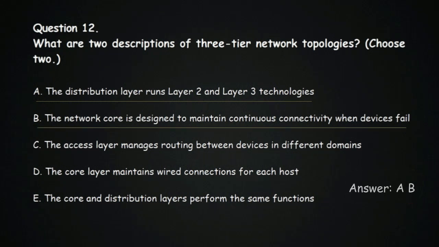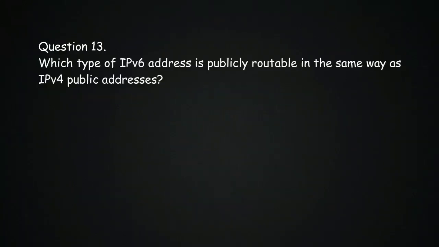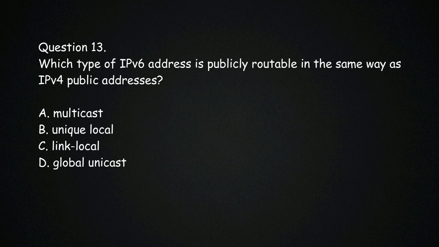B. The network core is designed to maintain continuous connectivity when devices fail. Question 13. Which type of IPv6 address is publicly routable in the same way as IPv4 public addresses? Answer is D. Global Unicast.